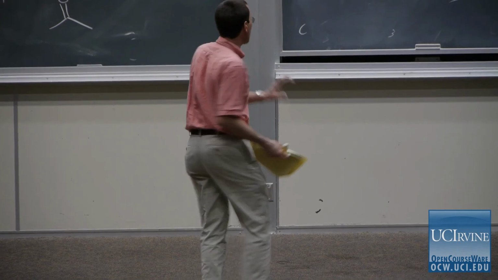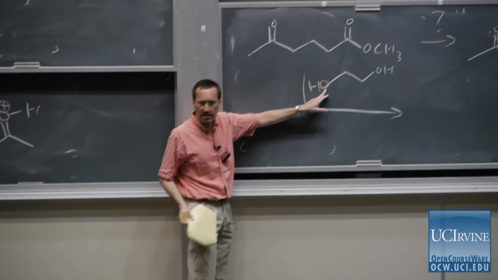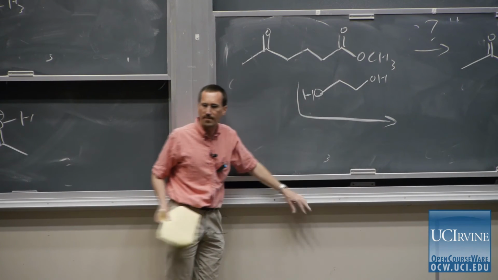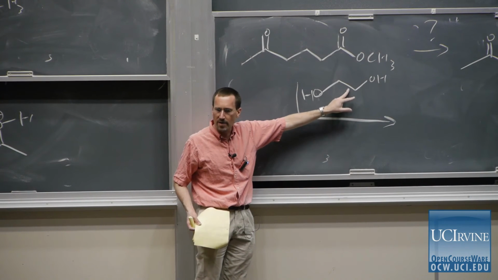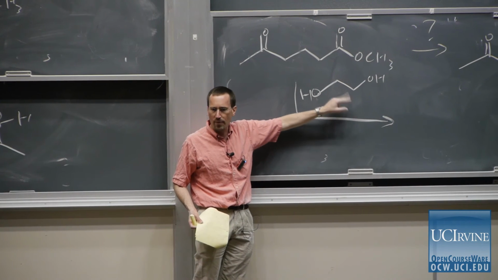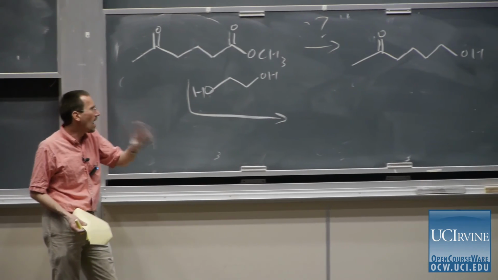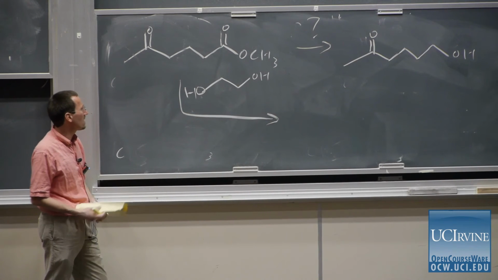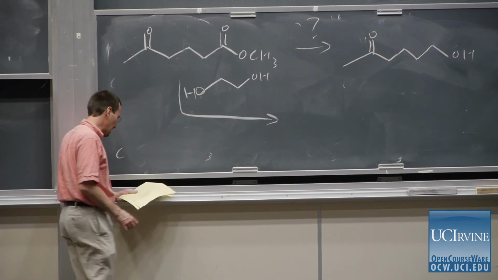And one way to push the reaction is to make it go intramolecularly, to have two alcohol groups in the same molecule. So ethylene glycol, 1,2-dihydroxyethane, and propylene glycol, 1,3-propanediol, and 1,2-ethanediol, are often used as protecting groups for ketones.